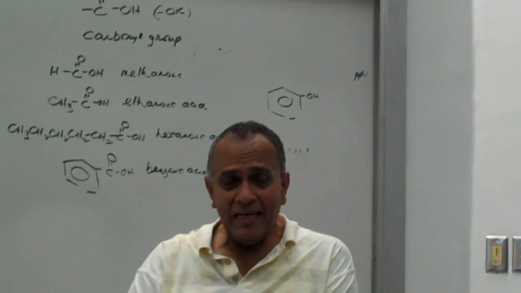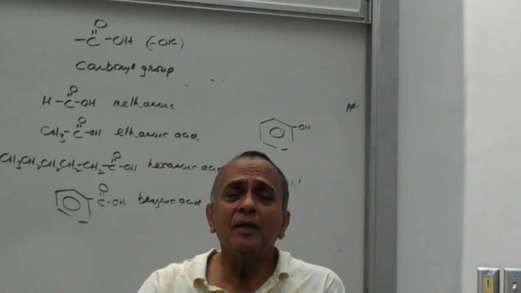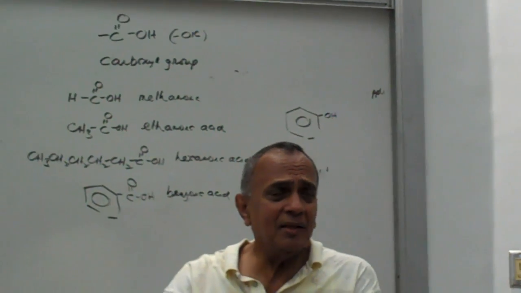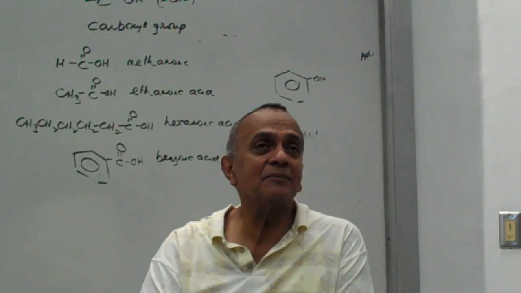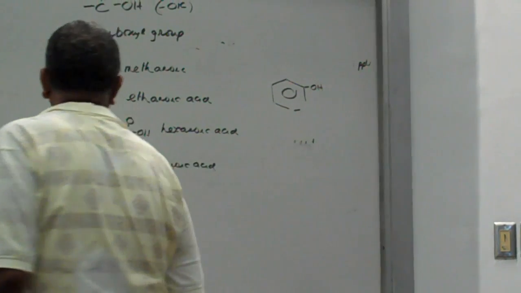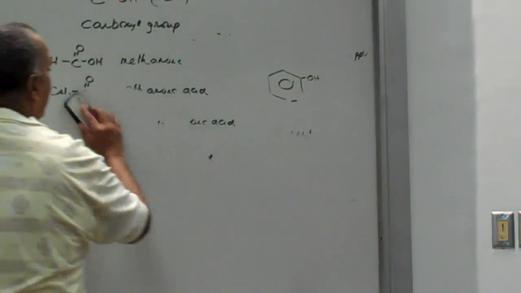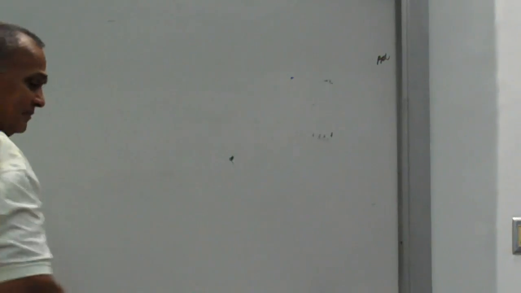So your acids and the COOH group is the group that imparts acidic characteristics to organic molecules. Now, how do you prepare carboxylic acids? Again, we've done this already.